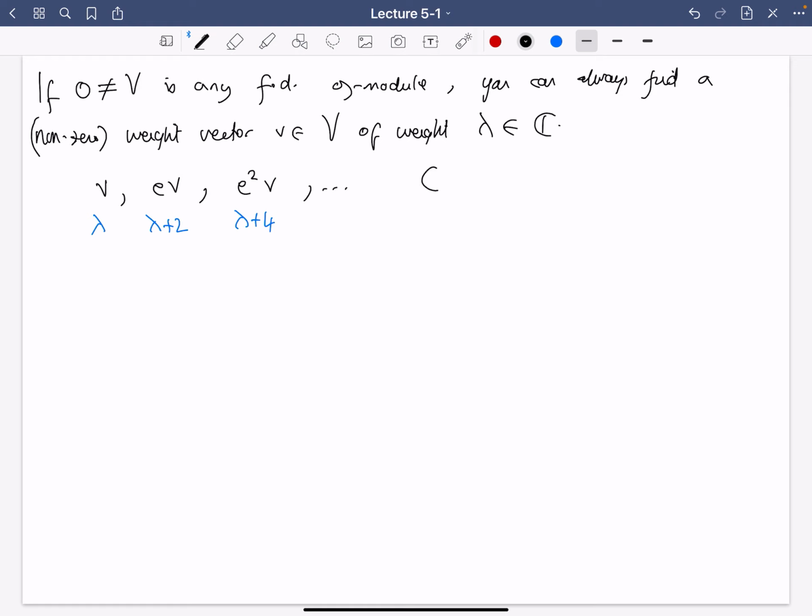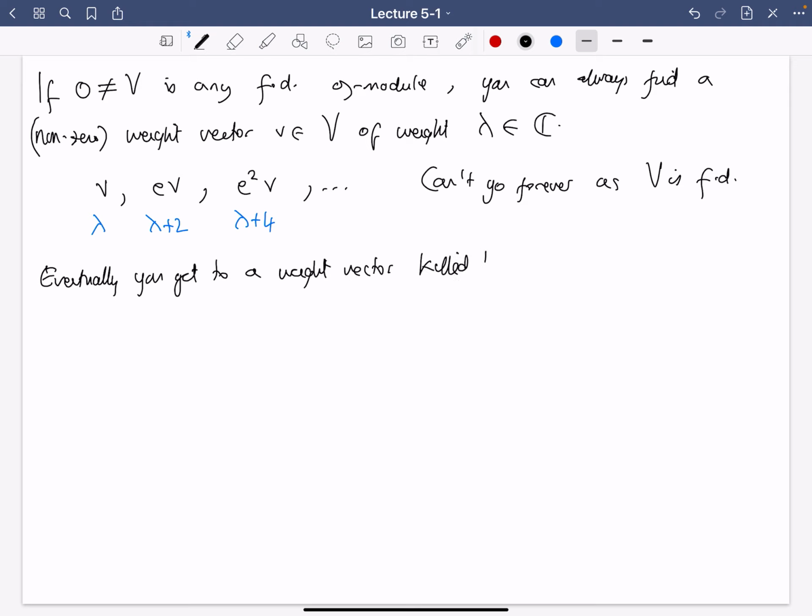You can't go forever, because eigenvectors of different eigenvalues are linearly independent, and our V is finite dimensional. So eventually you get to a weight vector that is killed by E. And that's a technical definition. Such a vector is called a highest weight vector.